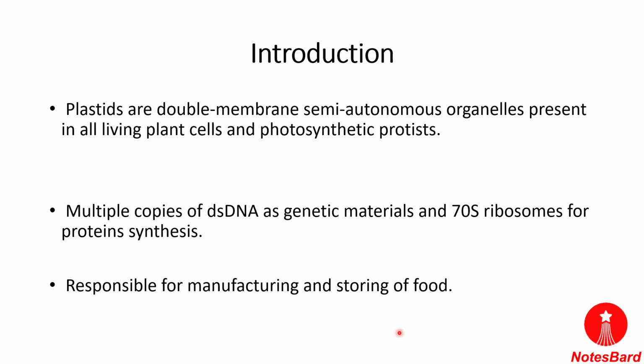They often contain pigments that are used in photosynthesis and different types of pigments that help change the color of the cell. So these are the main functions of the plastids.